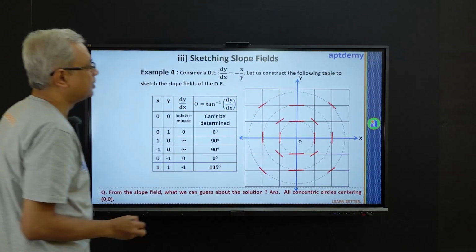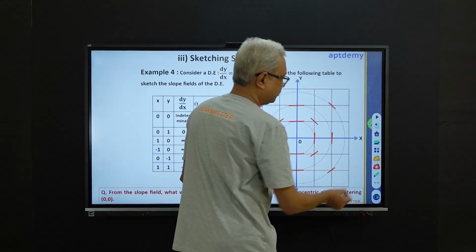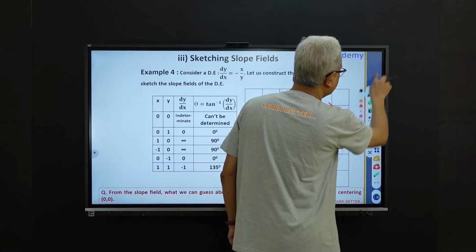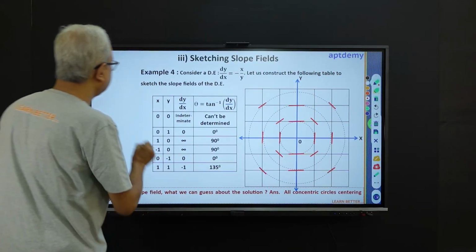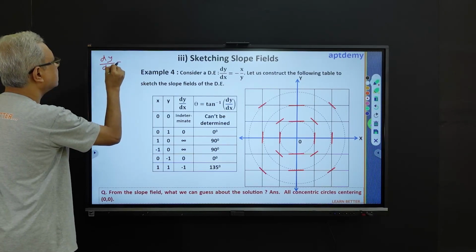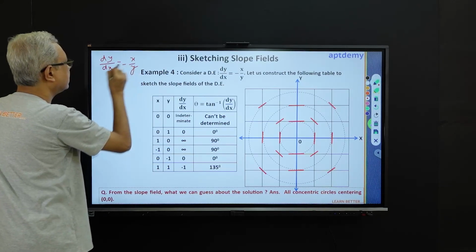Say you are given a differential equation. The differential equation is dy dx is equal to negative of x by y.